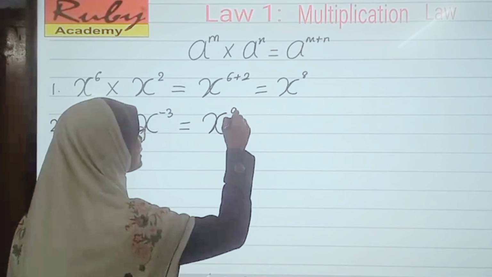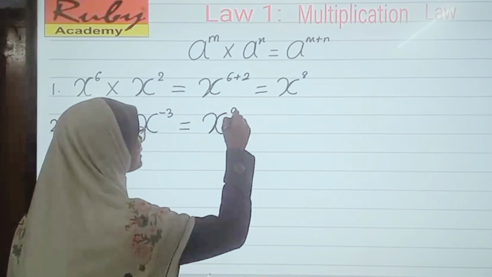Here we have to apply the integer rules: positive and negative will become negative. So we rewrite this as x raised to 9 minus 3, which is equal to x raised to 6. This is our result for the negative powers.